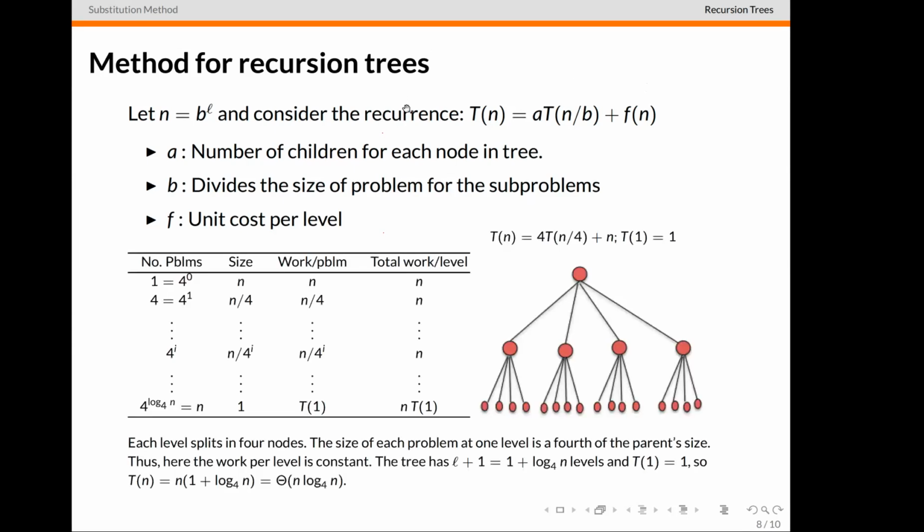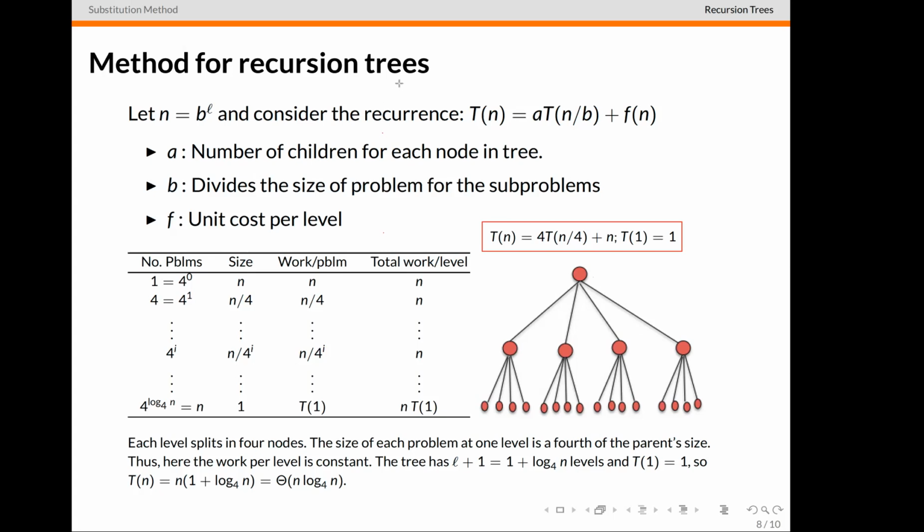This is an example. In this example, the recurrence is T(n) is 4 times T(n/4), and then we add n. So we can see that the number A is 4, number B is also 4, and f(n) is the identity. So what I've done here is that I've drawn the recursion tree on the right, because 4 is not such a large number, so it gives you an idea.